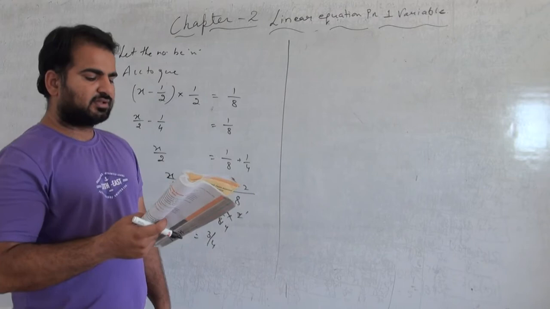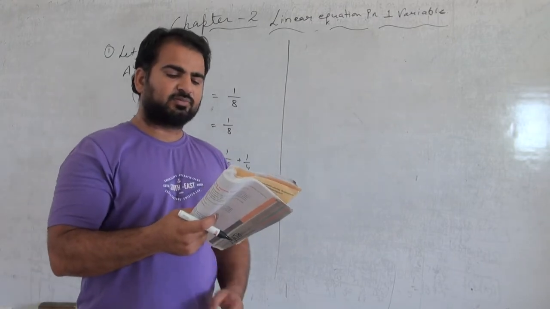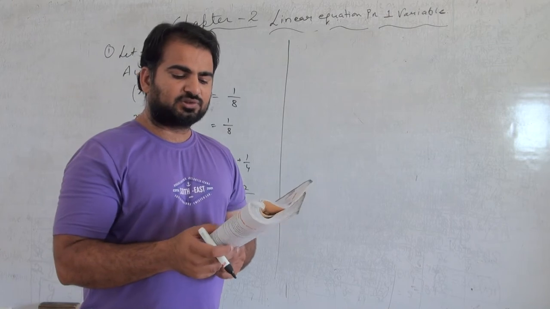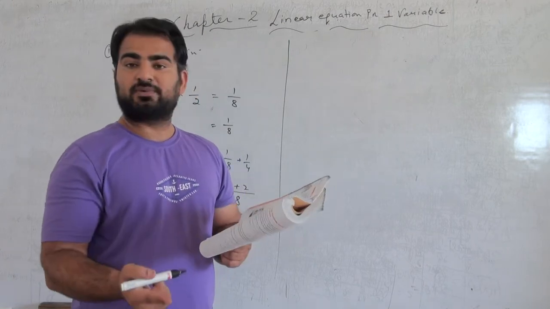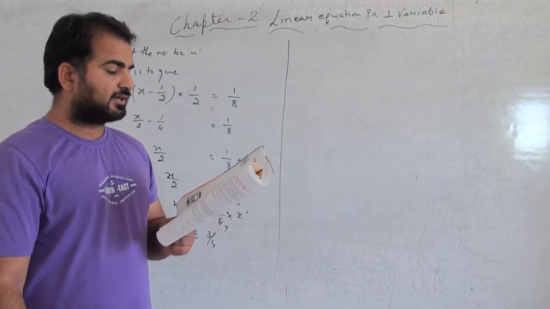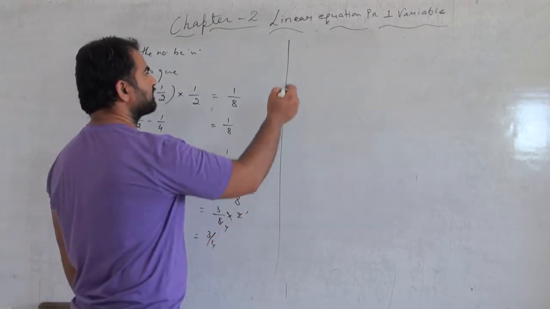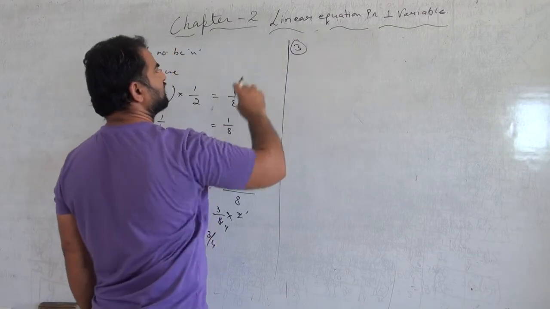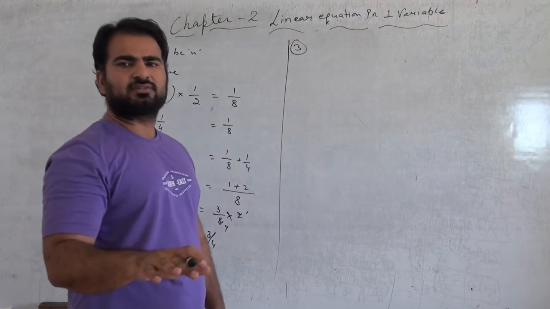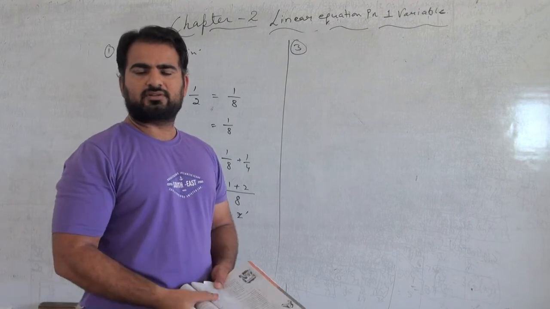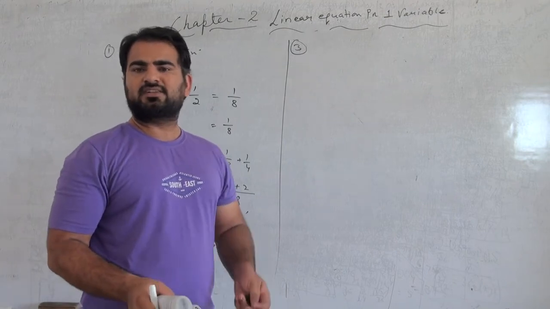Next is, the perimeter of a rectangular swimming pool is 154. If the length is 2 meters more than twice its breadth, then find the length and breadth of the pool. So class, in these types of questions, we are given something about the length, that it is twice or thrice the breadth, but nothing is given about the breadth.